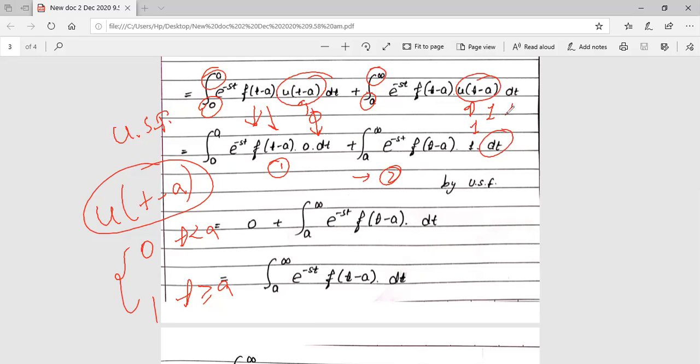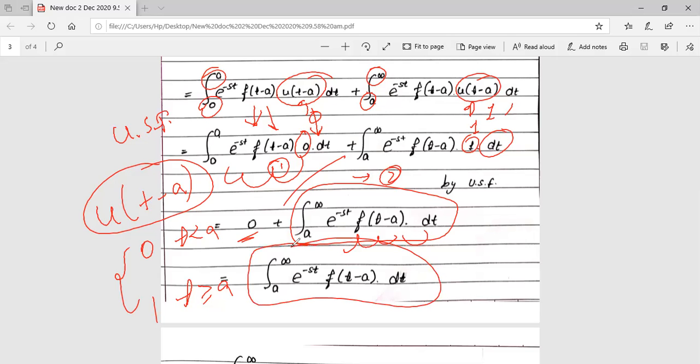So the first term becomes 0 plus integration over a to infinity of e to the power minus st f of t minus a into dt. Into 1 is there, so we will neglect that one.